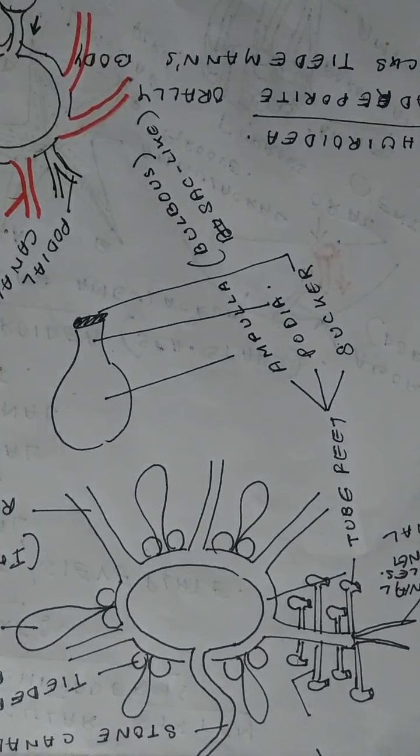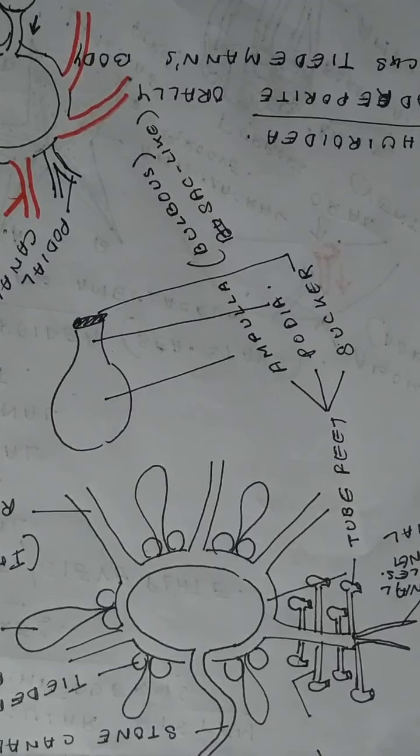It generally gives off an unusual tube feet to the pharynx, that is known as the buccal tube feet.